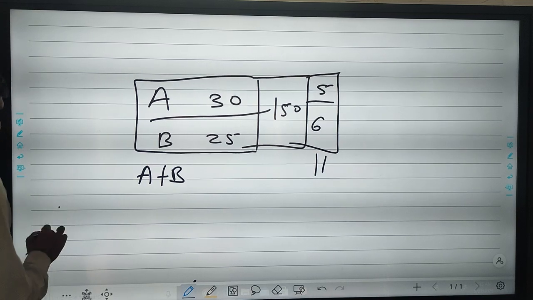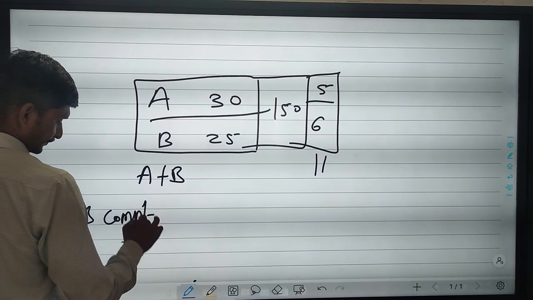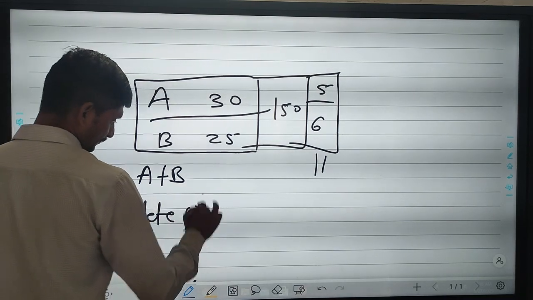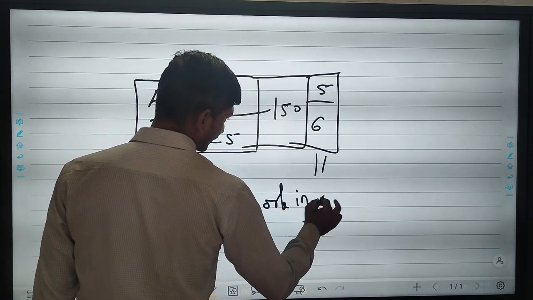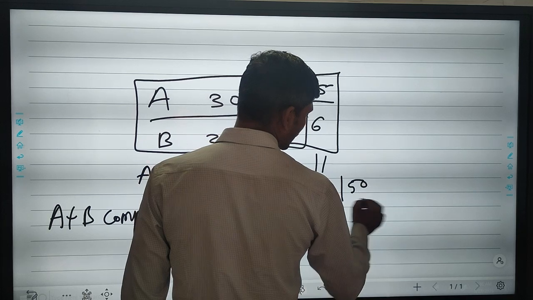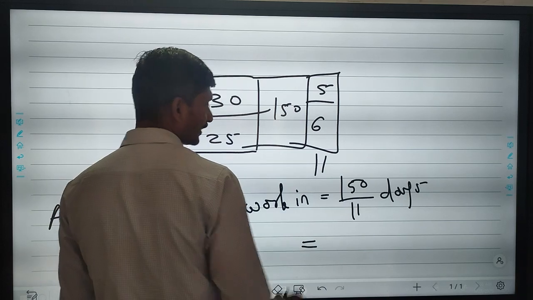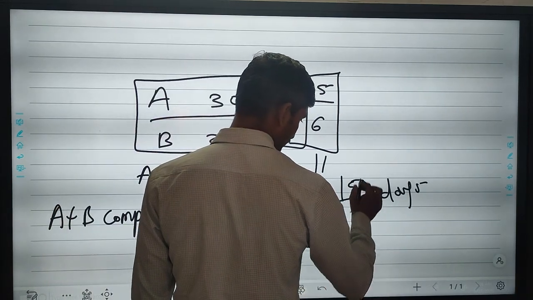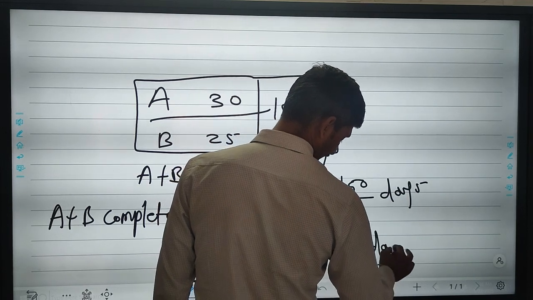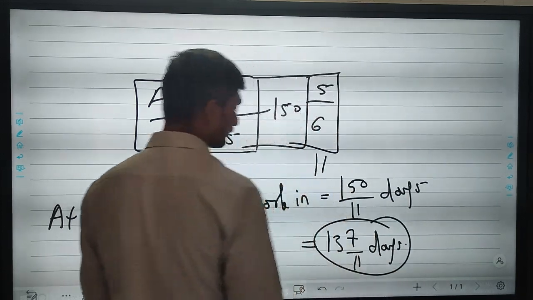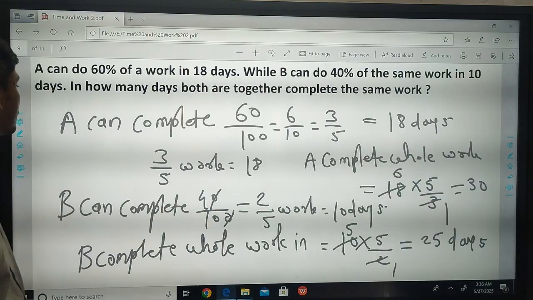Then A plus B complete the whole work in 150 divided by 11 days, that is 13 and 7 by 11 days.